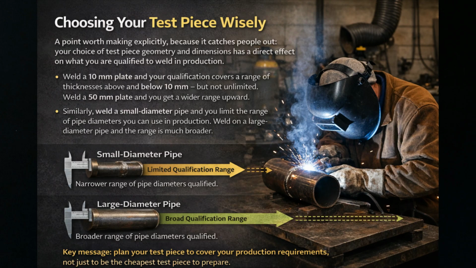Similarly, weld a small diameter pipe and you limit the range of pipe diameters you can use in production. Weld on a large diameter pipe and the range is much broader. We will work through the exact numbers in Lecture 7 when we cover ranges of qualification. For now, the key message is: plan your test piece to cover your production requirements, not just to be the cheapest test piece to prepare.